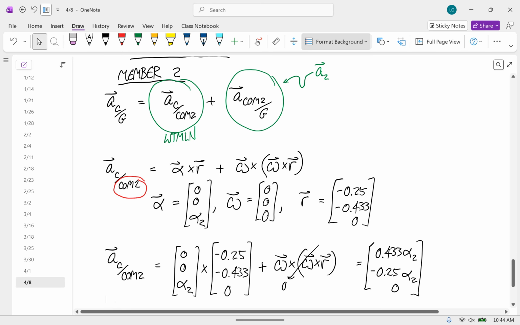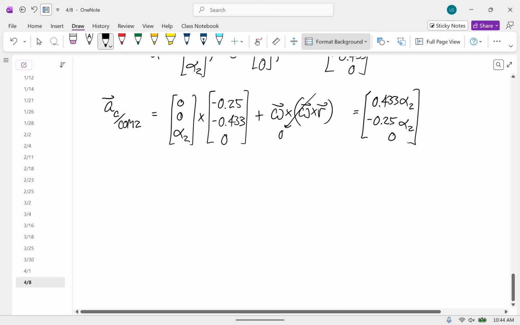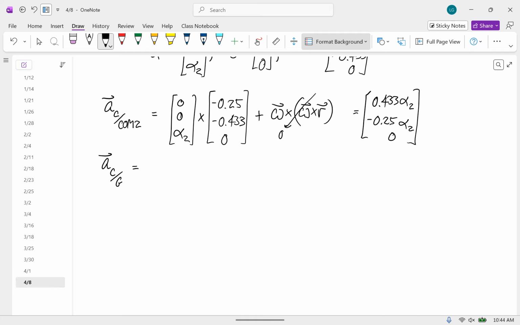Now we have to use the relative motion equation, add on A2. So the acceleration of C relative to the ground is 0.433 alpha 2, negative 0.25 alpha 2, plus A2x, A2y, 0.